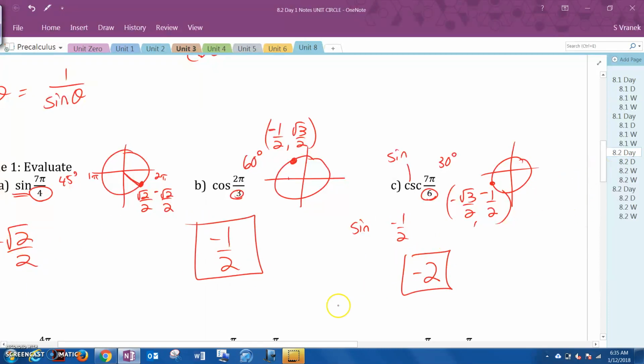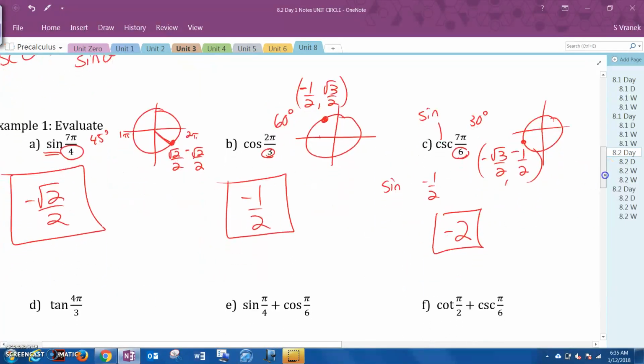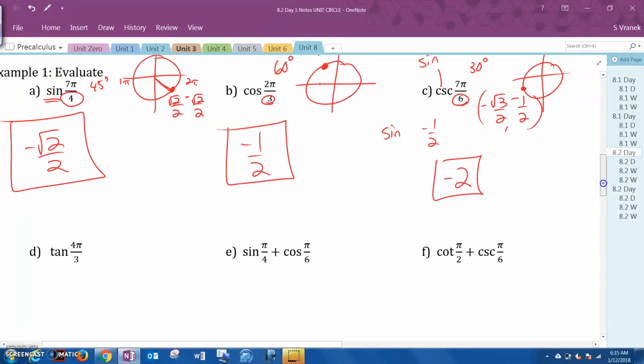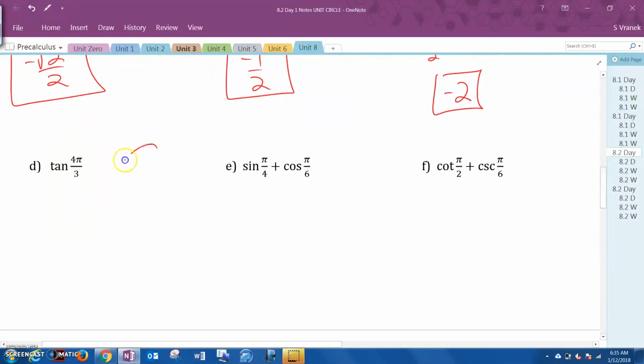Okay? So you have to just do what you were normally doing, get the thing that corresponds to the reciprocal function, and then you just flip it basically. So, alright, tangent's a little trickier. 4/3 is a little more than 1. And then this is a 60.